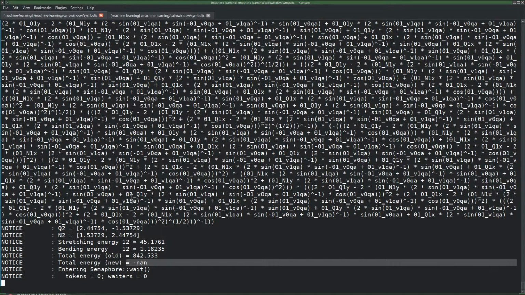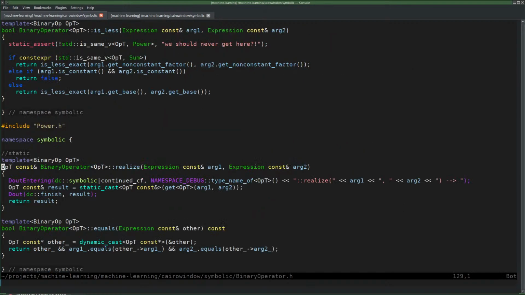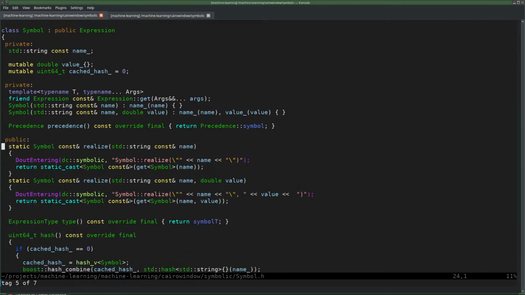Maybe should evaluate all the variables that are used first. The whole point is to know that these things have a value. I think a symbol has a realize where I pass a value. Does that not work? Symbol is constant, function, symbol name, symbol value. It is then used for the constructor, so the value is immediately set to the value. Okay.